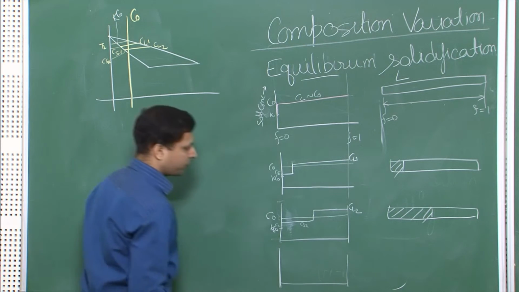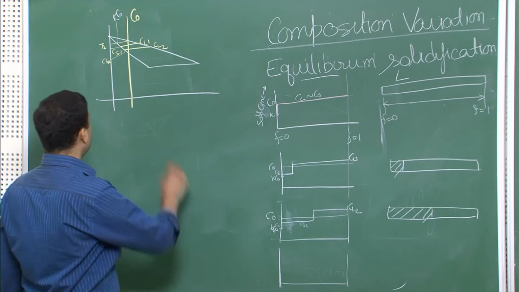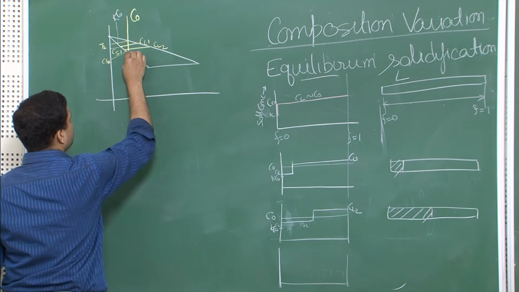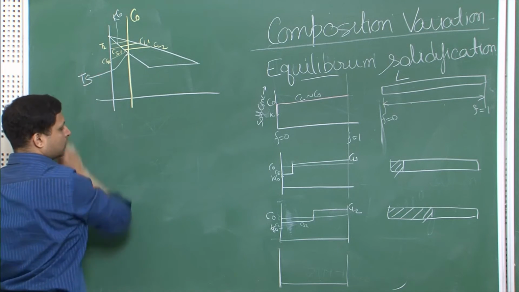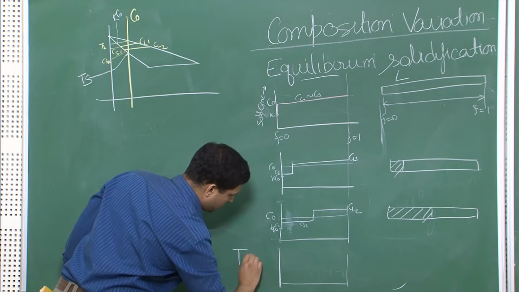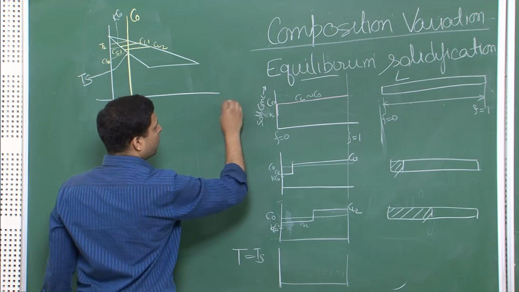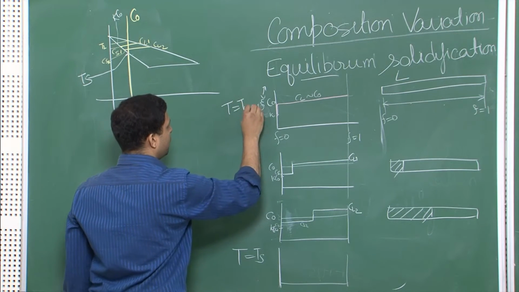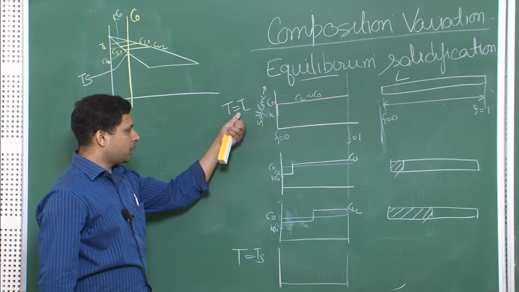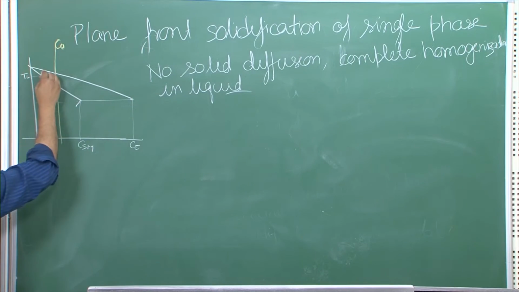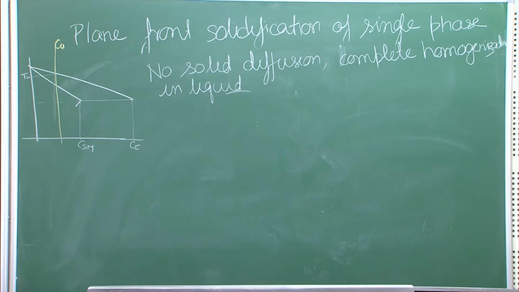Now let us say at the final temperature, which is T equal to Ts, the solidus temperature. Over here we were at T equal to TL, the liquidus temperature, and in between we were at some intermediate temperature.